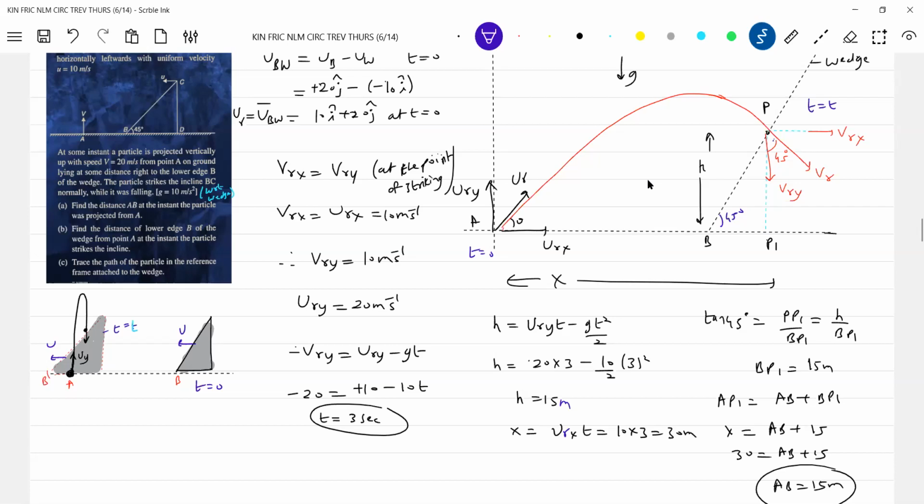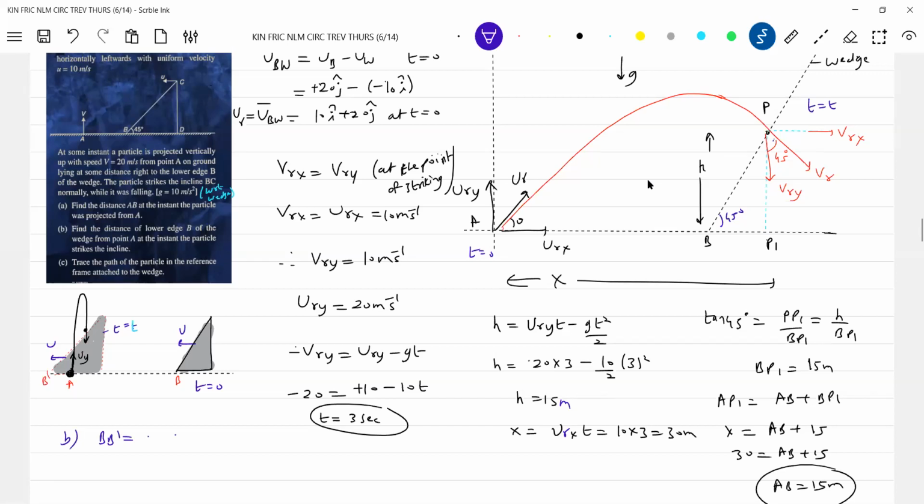So what is the distance moved by B in that time, we'll calculate. Then we know AB. So first, what is BB dash? We'll calculate. So BB dash should be equal to U into T, the distance moved by the point B of the wedge.